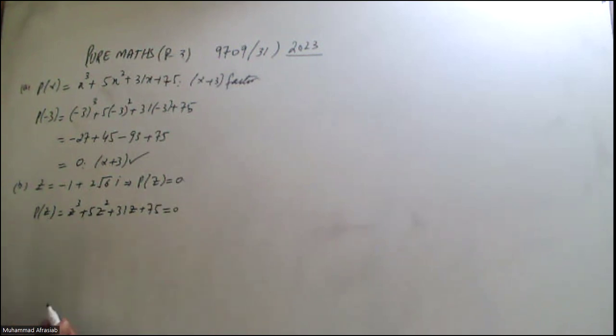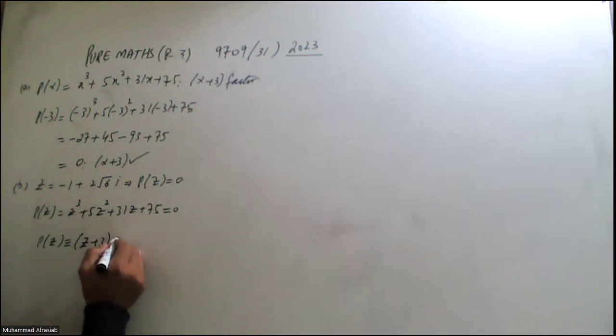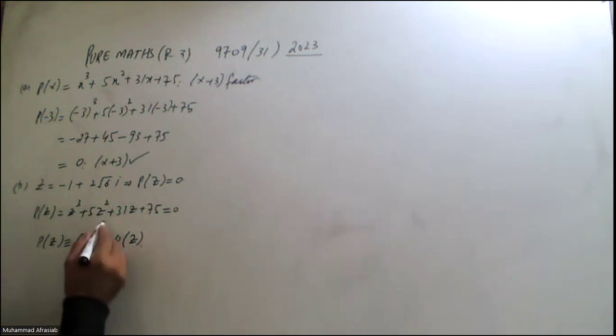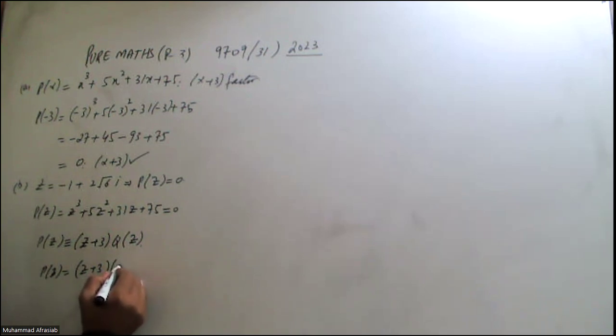We know there are many methods, but we can apply the simplest method here. We know that the polynomial of z is identical to z plus 3, because x is replaced by z, into the quotient of z. So P of z is equal to z plus 3 into az squared plus bz plus c.